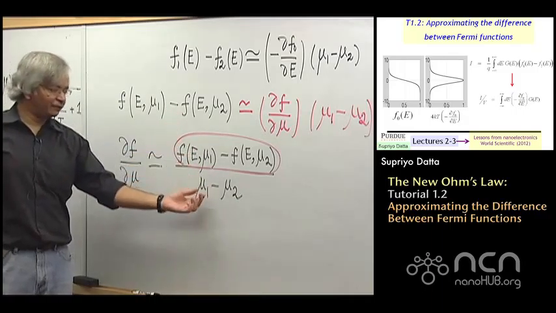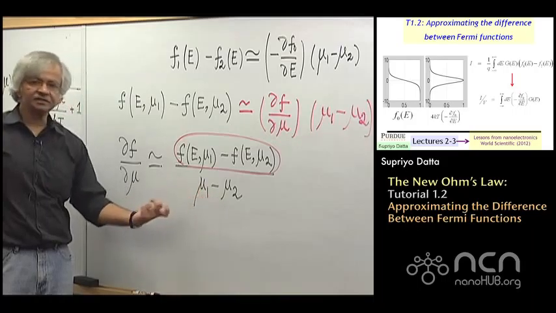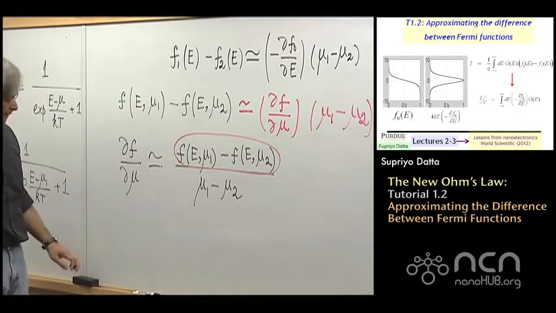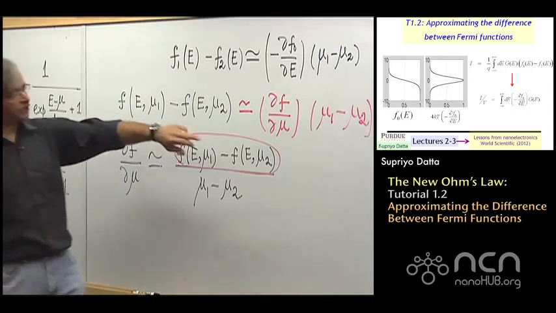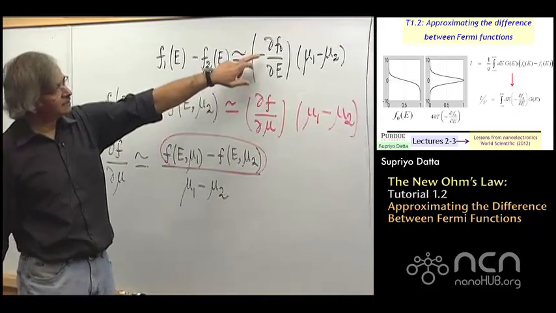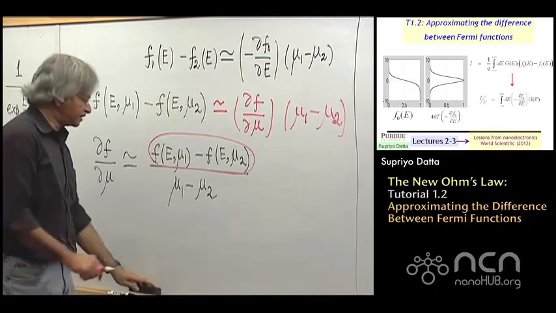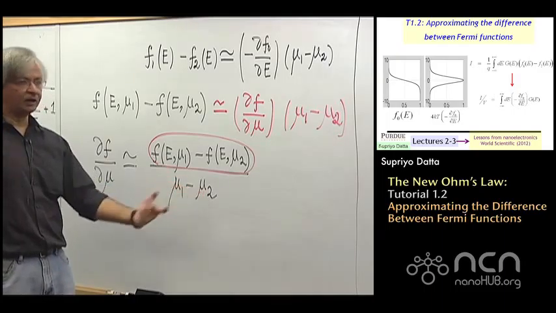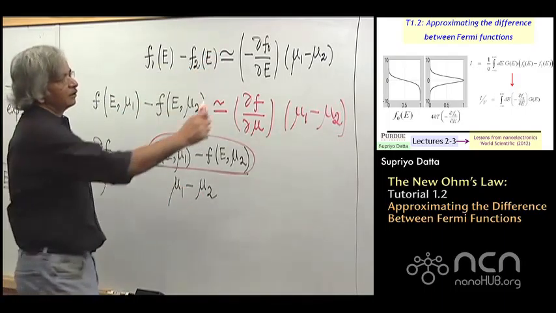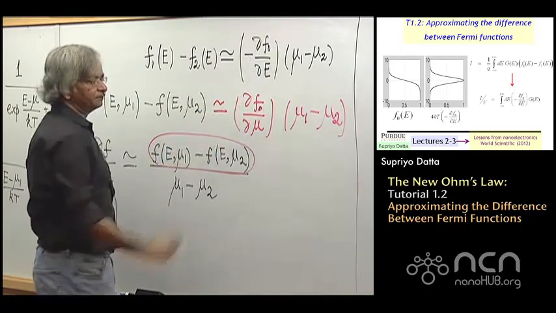It would be exact if mu1 minus mu2 tended to 0, but for small differences, we could still use this. Now, the next point is, how do I show that this is equal to that? And of course, this derivative is taken at a value like the average of mu1 and mu2, and that's what we have put as the subscript 0. That is somewhere between mu1 and mu2.